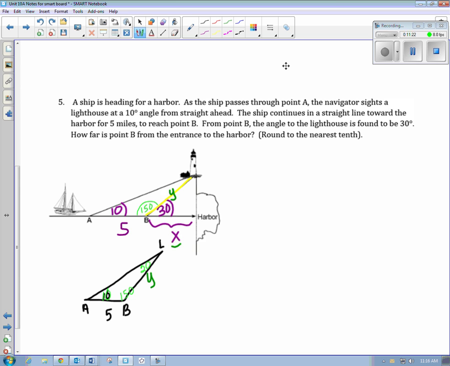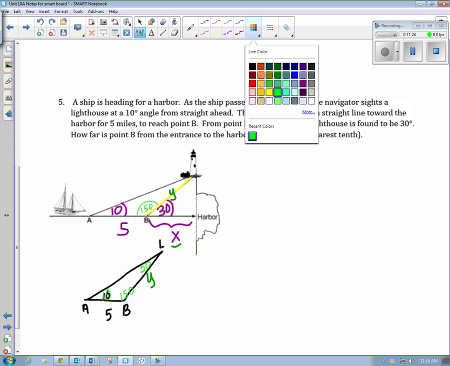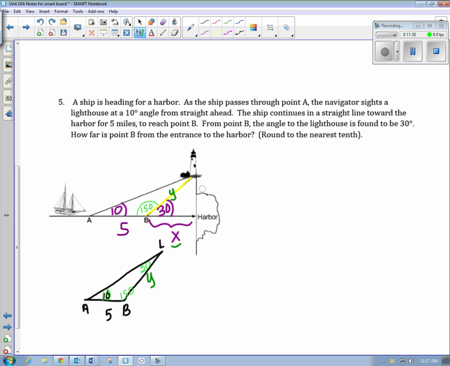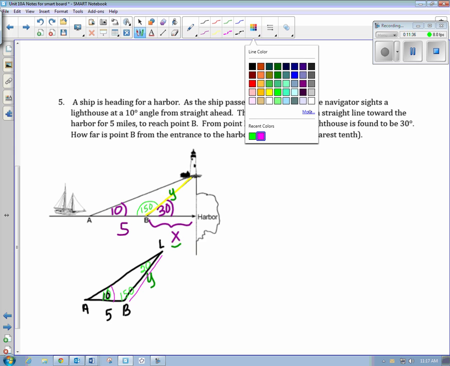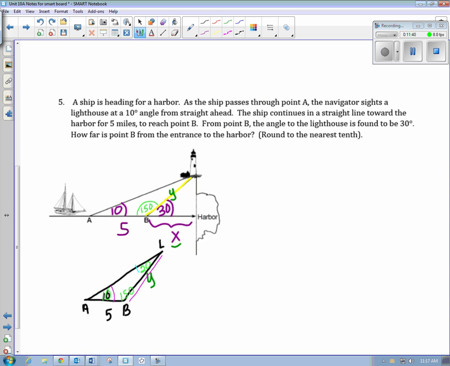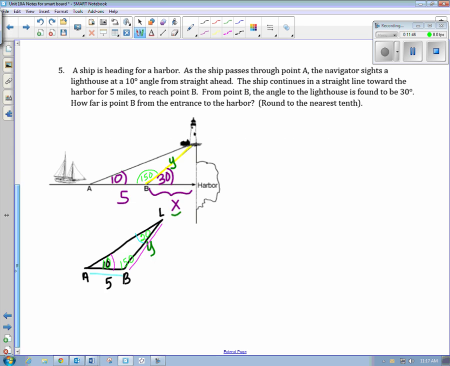So if I go back now and take a look at what I have and what I can work with, I have this angle matching up to this side, and I have this angle matching up to this side. So I can do a setup for the law of sines here.